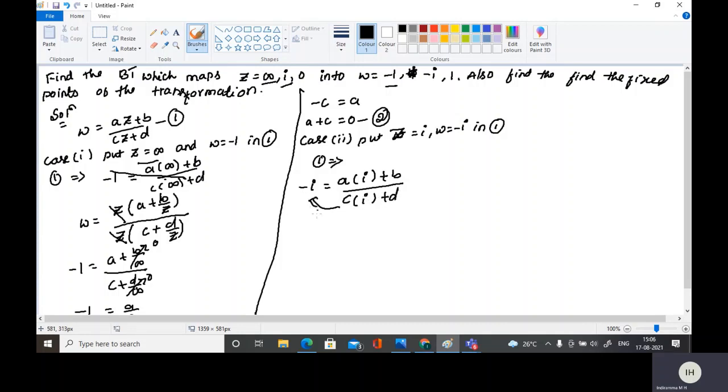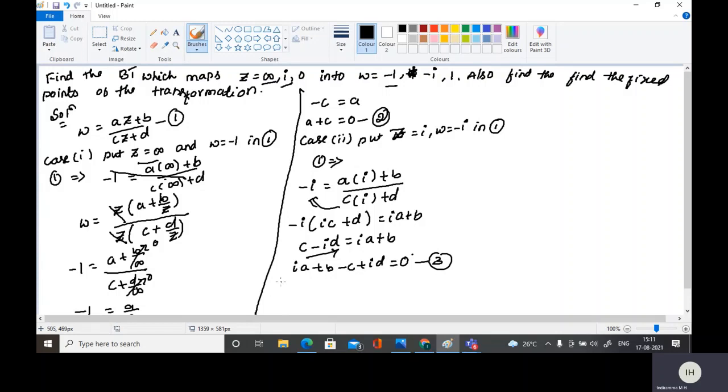Now cross multiply: minus i into (ic plus d) is equal to ia plus b. Now i into i, i square is minus 1, so that is minus into minus, plus c minus id is equal to ia plus b. Take these two terms to the RHS: ia plus b minus c plus id is equal to 0. That is equation number 3.